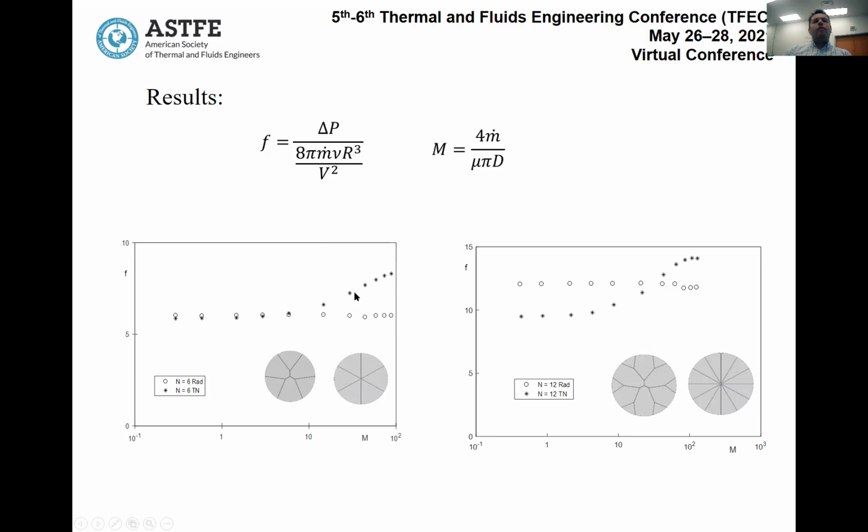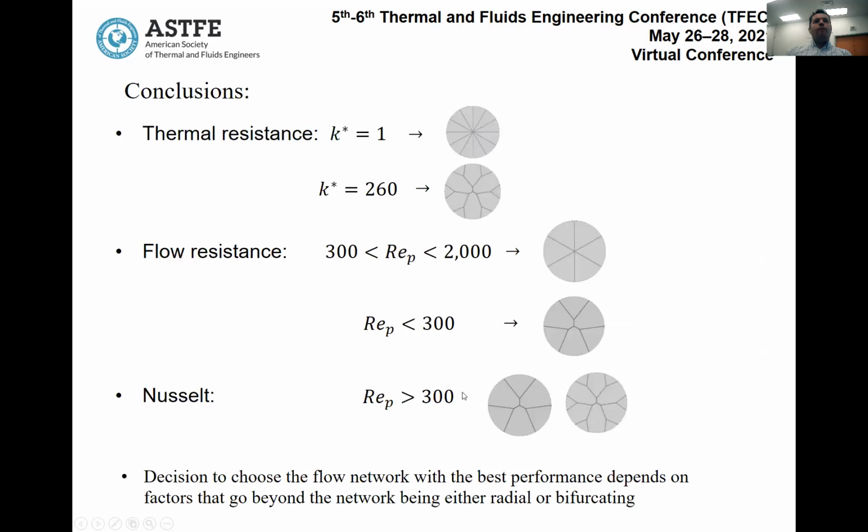But you can see here for bifurcated flow that this number started changing, going up after Reynolds around 300 for both setups, n equal to 6 and n equal to 12. And this is not expected as well.